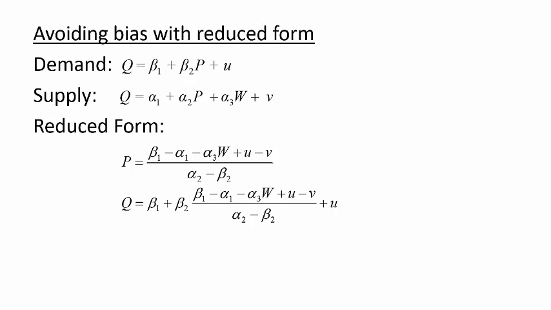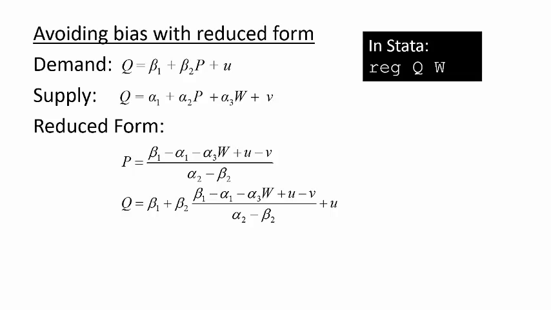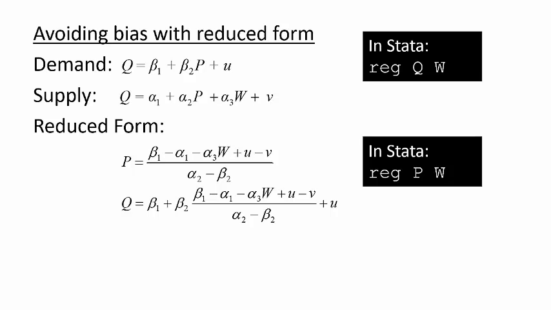Consider estimating the reduced form equations, that is, regress Q on the exogenous variable W, and also regress P on W. What coefficients do we get on W in these regressions?